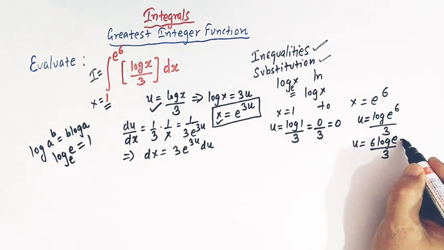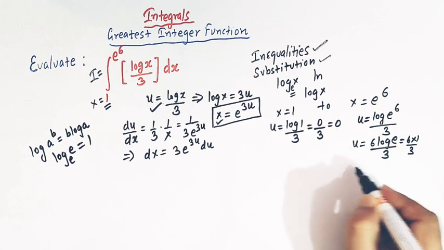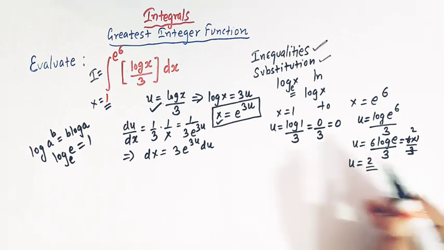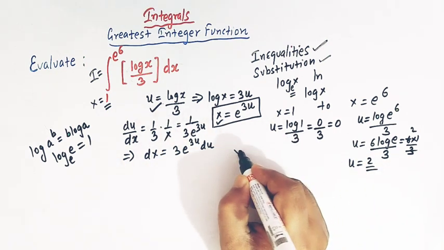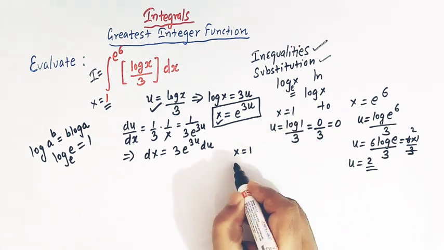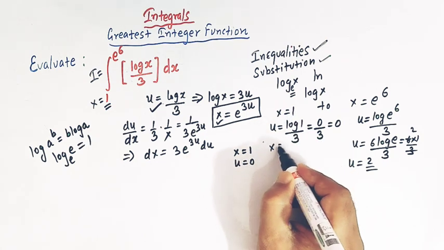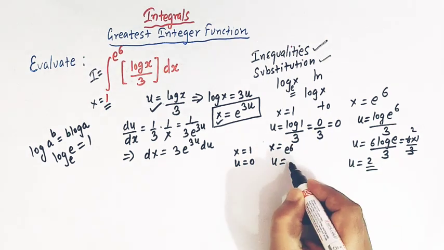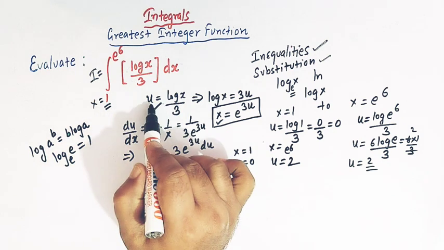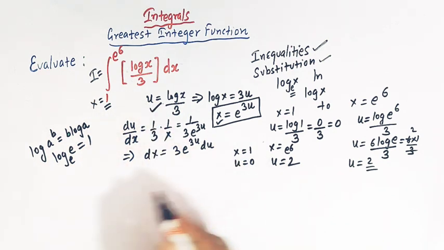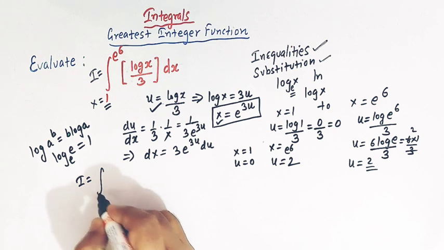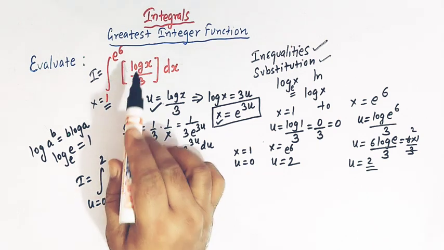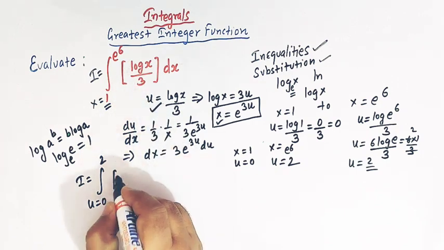So we have 6 times 1 over 3, which is 2. Finally, when x is 1, u is 0, and when x is e raised to 6, u is 2. So now our variable u varies from 0 to 2, and we can write I as the integral from u equal to 0 to 2, with the greatest integer of log x over 3, which is equal to u.